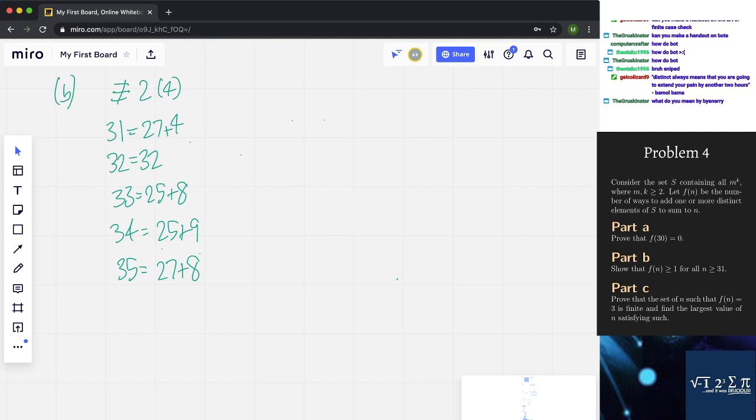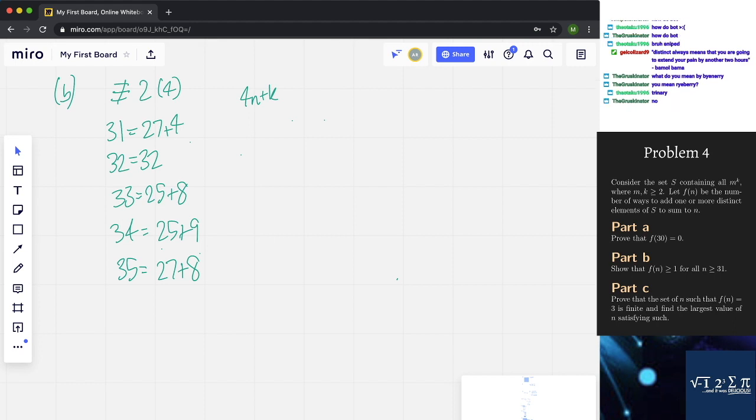And I'm thinking binary. So if we want to represent 4n plus k, we can consider, yes, Riberry. So we can consider 4n plus k, and we can represent 4n in binary, right? And we can do 4n in binary because we're given all the powers of 2.